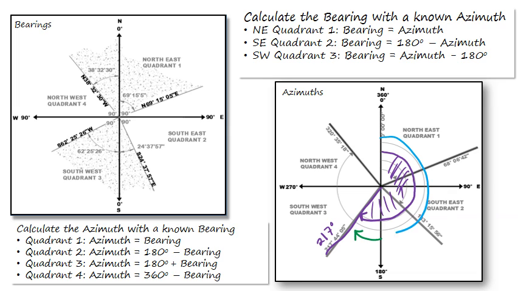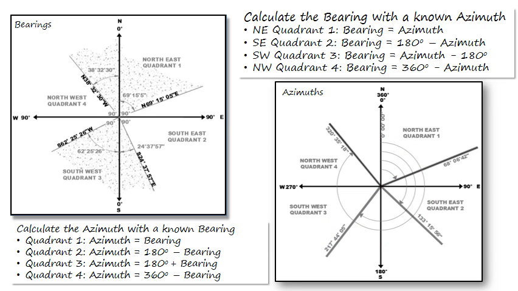We said this is 180. So if we take the azimuth and we subtract off the 180 degrees, then we'll get the bearing, this bearing here, going southwest, and its angle is 37 degrees, 44 minutes, and 5 seconds.